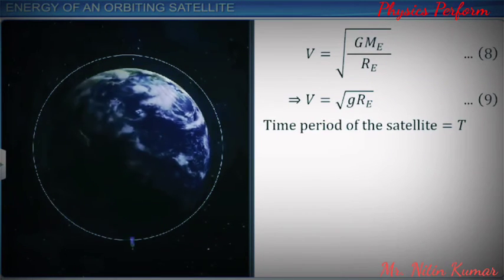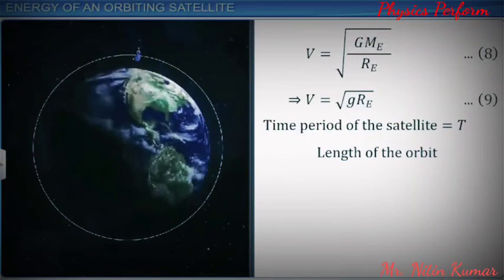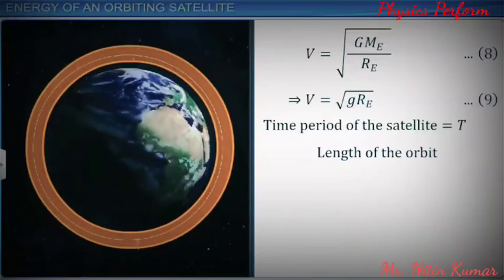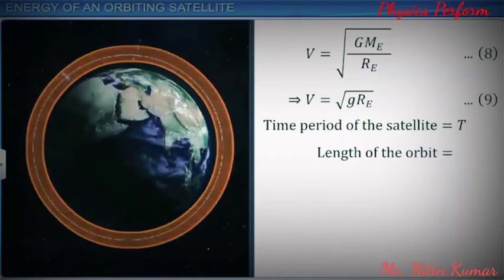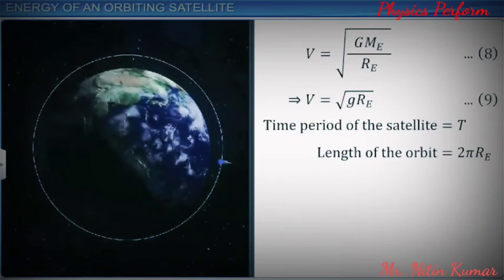Thus, the speed of the satellite in its orbit is given by the expression v is equal to 2 pi Re divided by T. On rearranging the expression, you get the time period as T is equal to 2 pi Re divided by v.